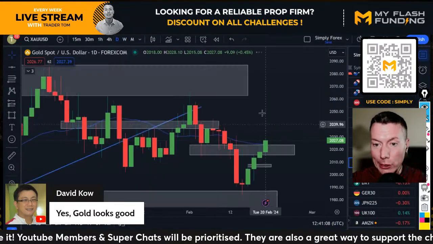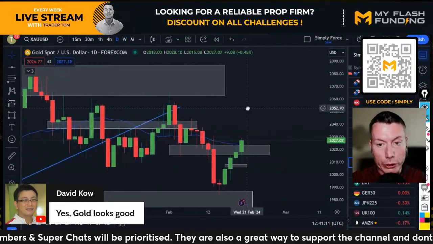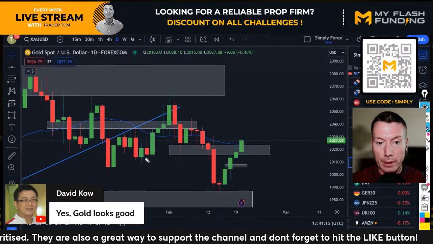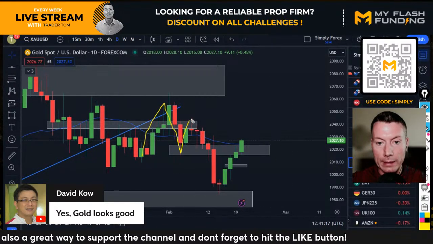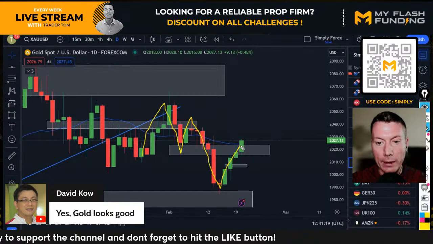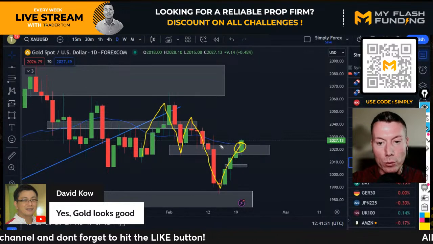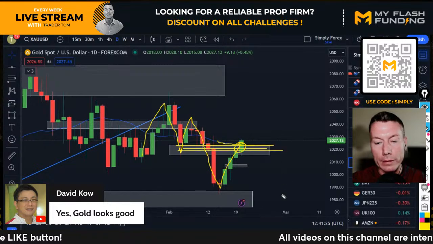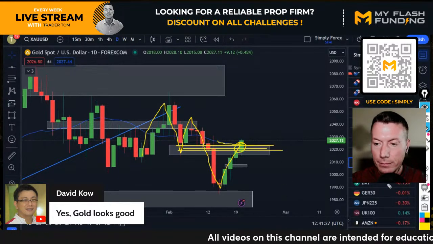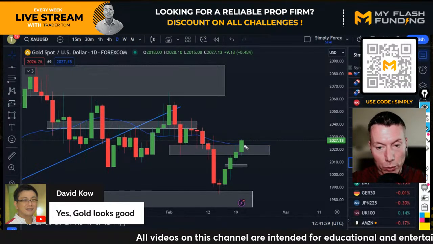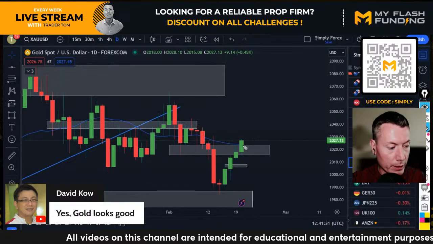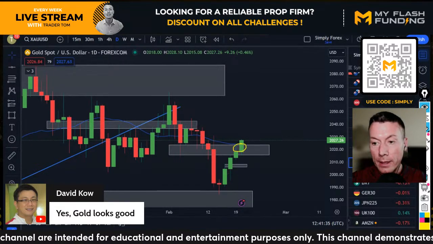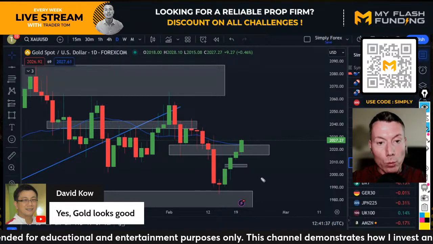If we drop to the day chart and you only traded the day chart, you would potentially sell this, because it was in an uptrend and now price has broken down. We're at a nice level here. We've got the moving average 20 and we've got a resistance level. So we could potentially look for sells here. But the problem you have is that weekly candle.